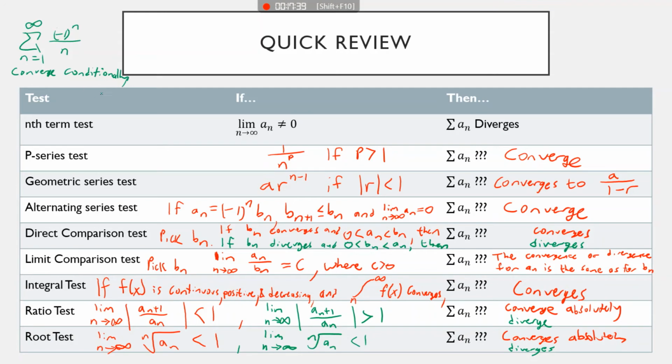Why? Versus, I'm going to write another one that converges absolutely. The sum from n equals 1 to infinity of -1 raised to the n power over n squared. Converges absolutely. Okay, why does the left one converge conditionally, but the right one converge absolutely?